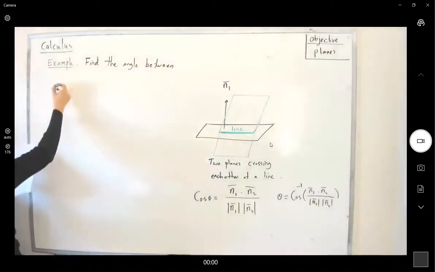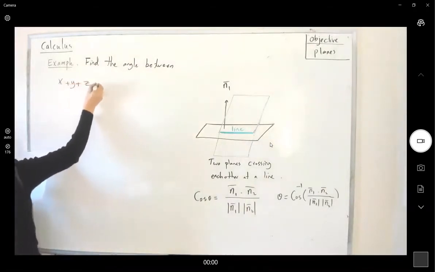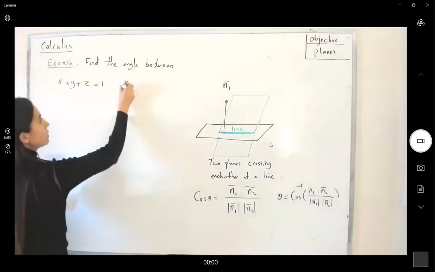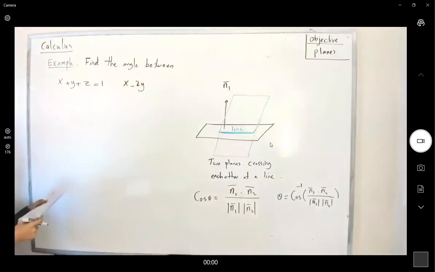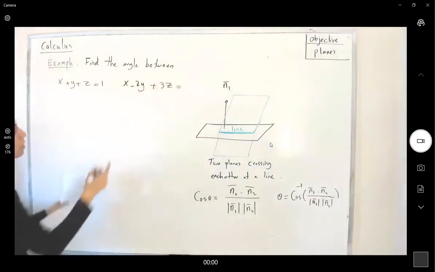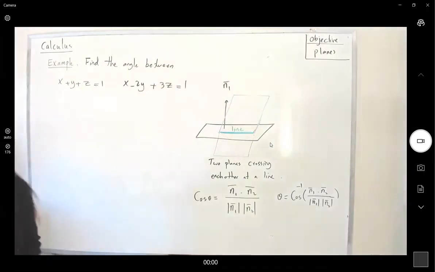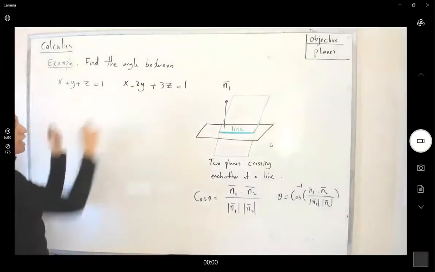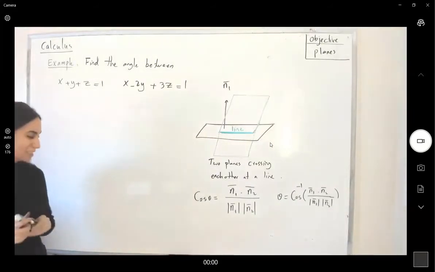So here you have x plus y plus z equals 1, and the other one is given to us as x minus 2y plus 3z, which is equal to 1 as well. We want to find the angle between these two planes.